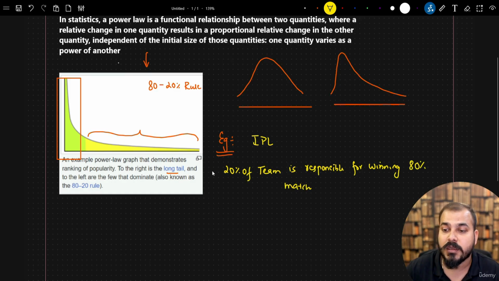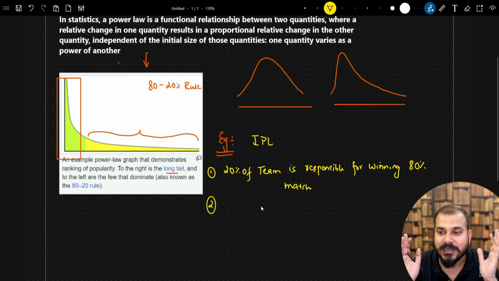Obviously this is true. This is my first example. Now let's talk about the second example. In the IPL, you have seen that 20% of the team plays absolutely fine to win 80% of the matches.